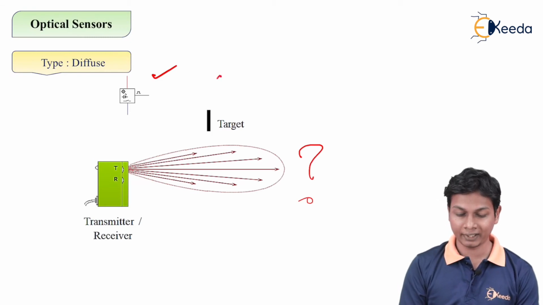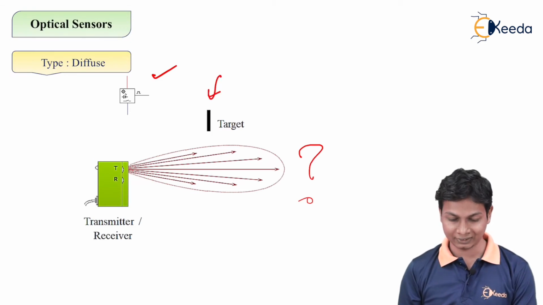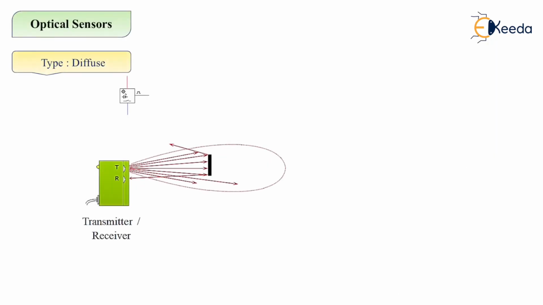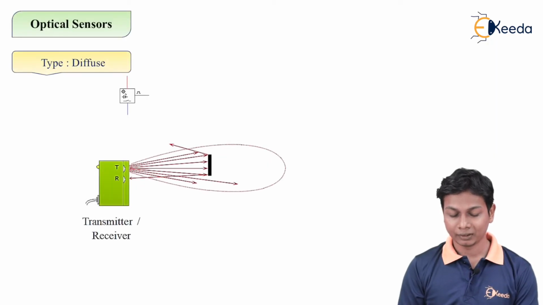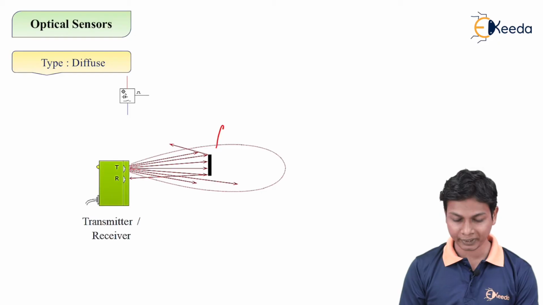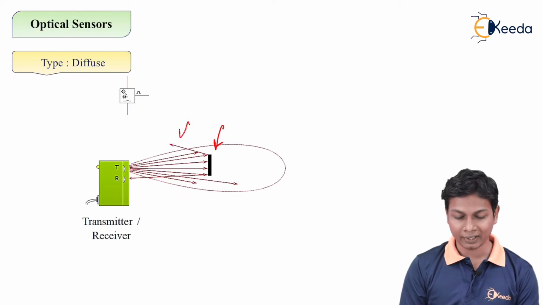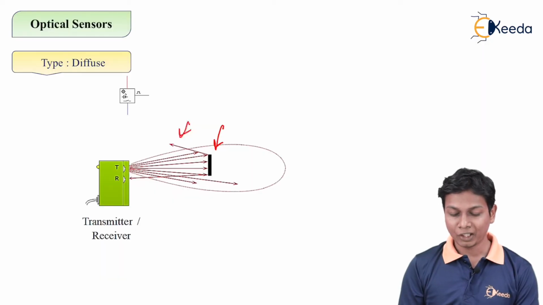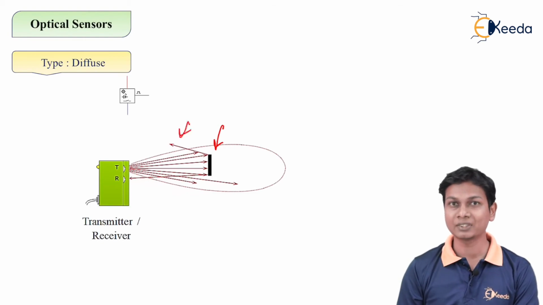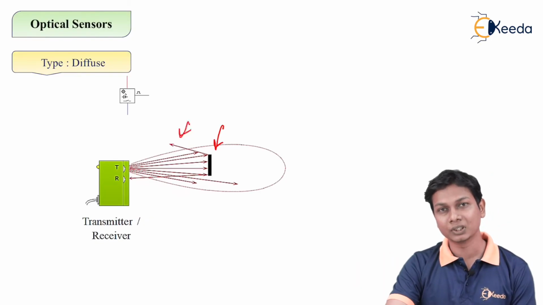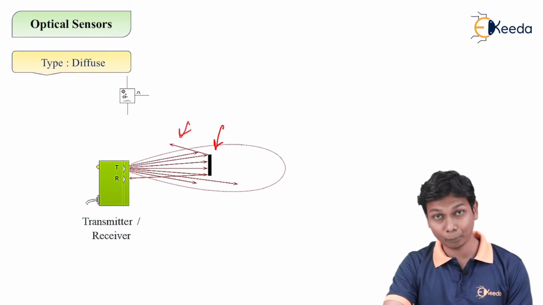When the target comes in the way of the signal, it reflects the signal back from the obstacle. But it may be possible that the receiving signal may be changed by the target, and there are many more possibilities of it reflecting back to the receiving side. So this type of diffuse sensor is not used much in domestic as well as industrial applications.